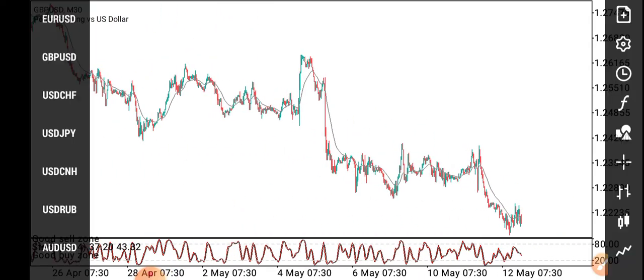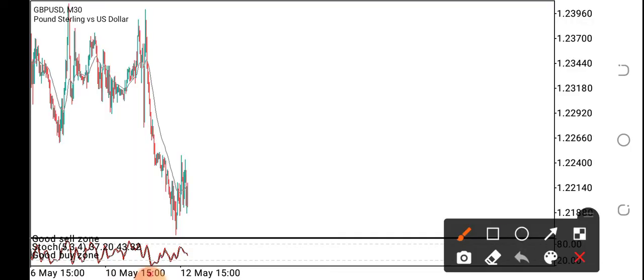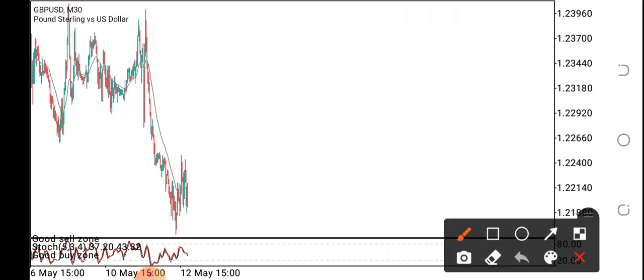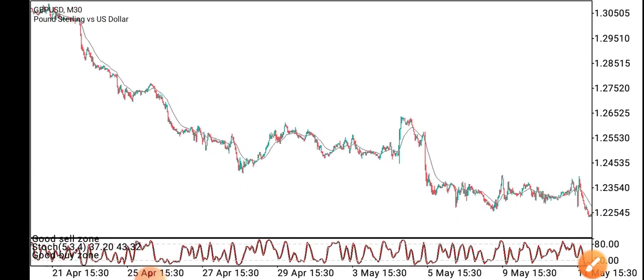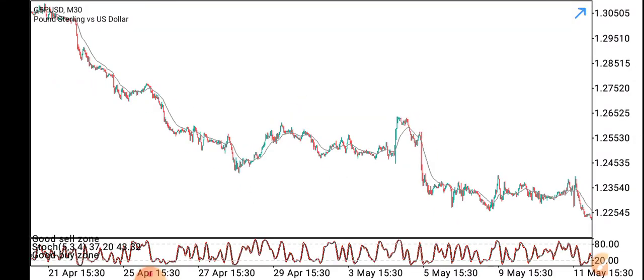So if we look here, we'll see the structure of this market. Okay, I don't know why this is behaving this way. All right, so we can see the way the market is moving here. Let me just get my drawing tool. We can see how it is moving. It goes down, it goes up.